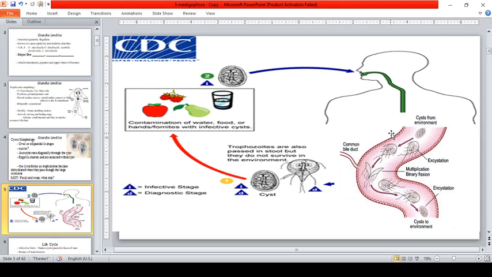Because the cysts are infectious when passed in the stool or shortly afterward, person-to-person transmission is also possible, while animals are also infected with Giardia. However, the importance of these reservoir hosts is not clear.